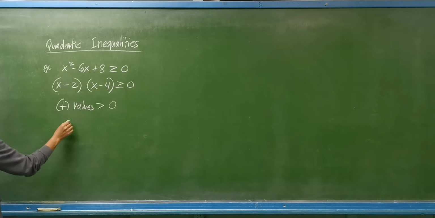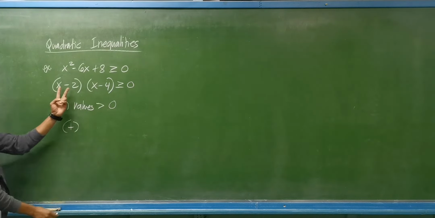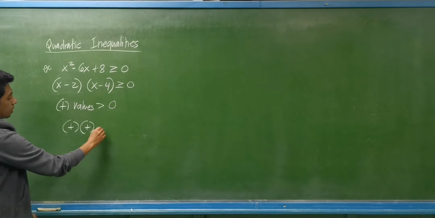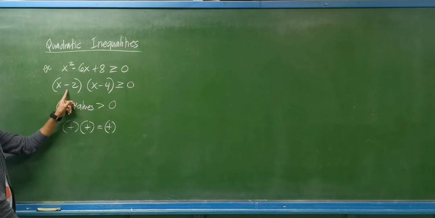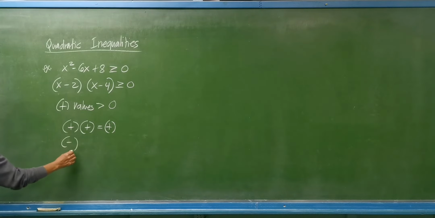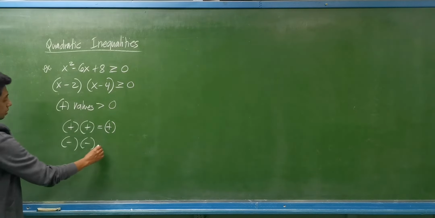So we are looking for a positive value from the first quantity and another positive value from the second quantity that will give us a positive product. Positive times positive is positive, or the other way around, a negative value from the first quantity and a negative value from the second quantity is also a positive value.